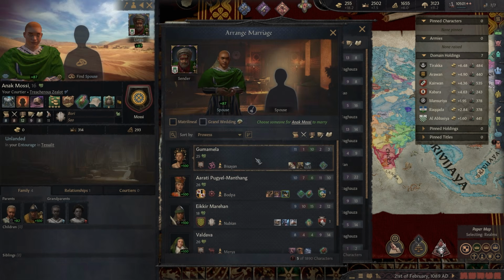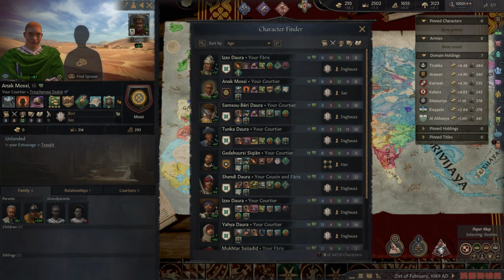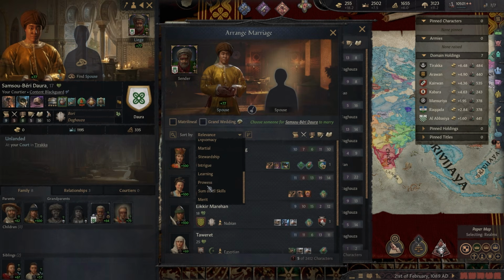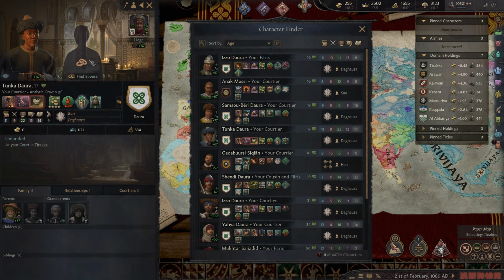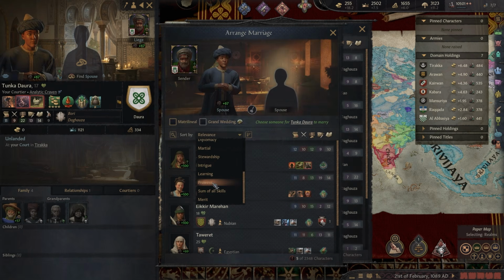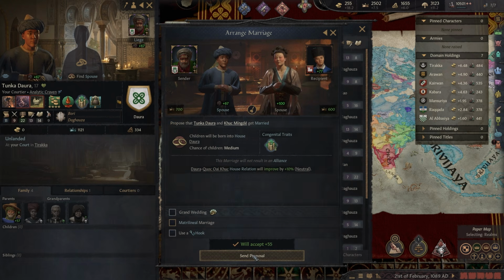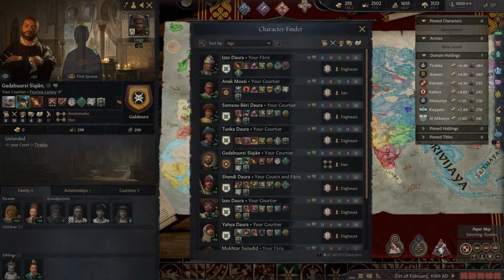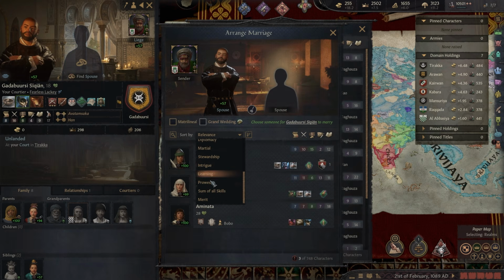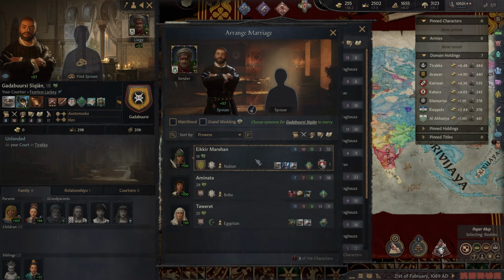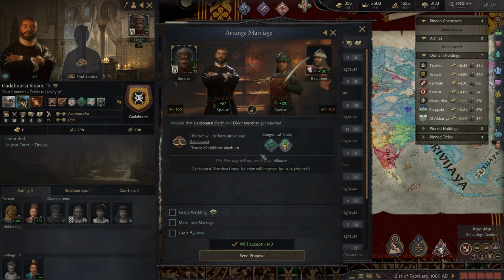You, it could be anybody. Let's go with this person. You, could be anybody. Go with them. You, again, could be anybody. But wait, was there not somebody... Yeah, I was going to say somebody with the intelligent trait. That would be good. Chance it upgrades to genius. This person. Yeah, you're going to marry that one.